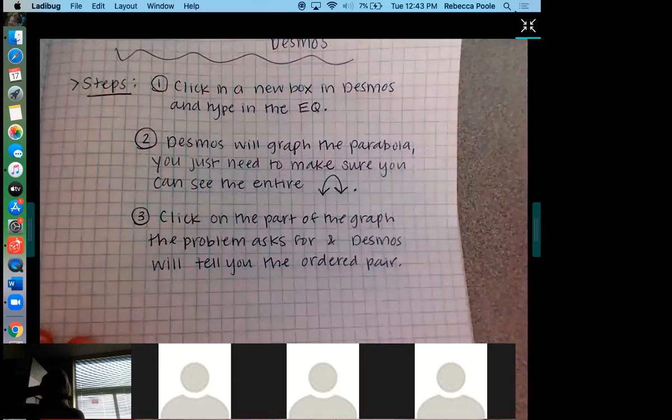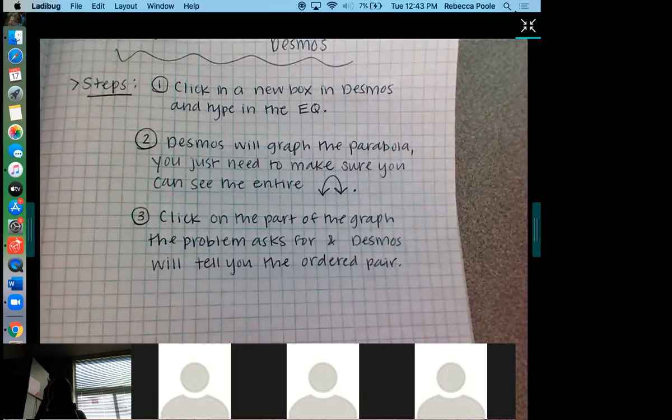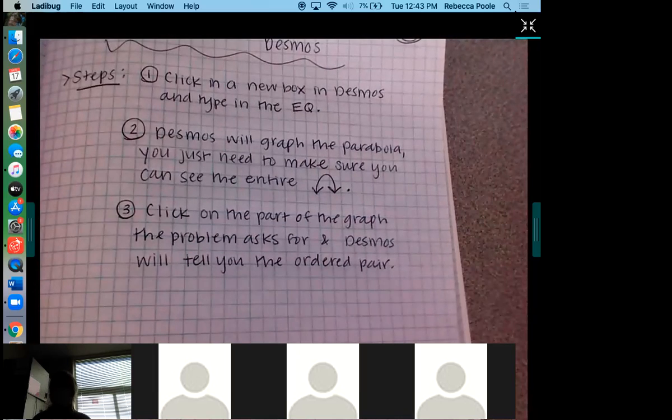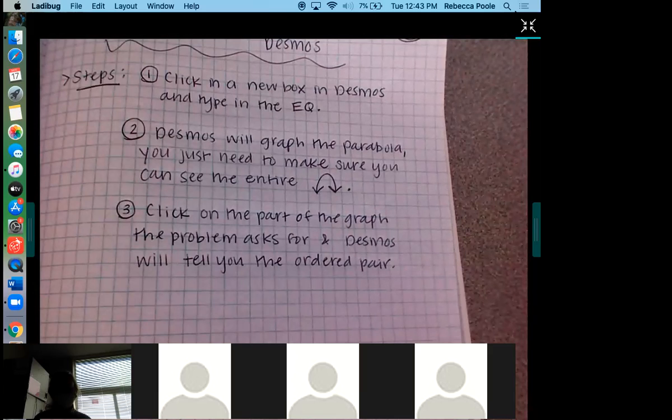X-intercept is where it crosses the X-axis, so you'll click the places where it crosses. A Y-intercept is where it crosses the Y. You know, the vertex is where it turns around, right? So you just click whatever it asks for. Simple enough?